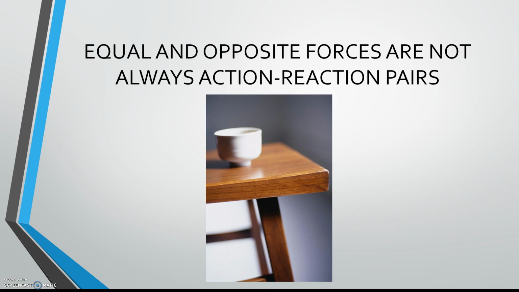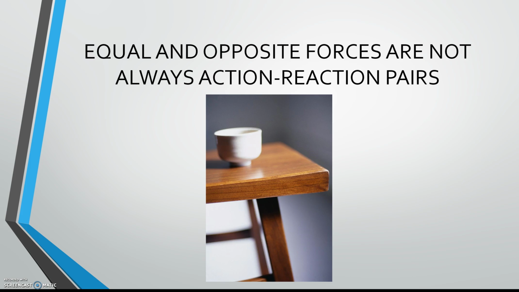The cup is exerting a force on the earth, and the earth is exerting a force on the cup. The second thing we can consider is the interaction between the cup and the table. The cup is exerting a force on the table, and the table is exerting a force on the cup.